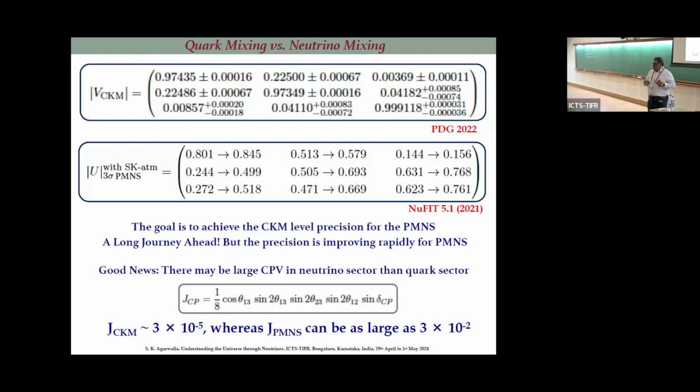KamLAND allows theta 1, 2 greater than 40. But the matter effect, the energy dependence, not from KamLAND, no, from sun. The energy dependence for the high energy neutrinos, the upturn was very important to fix the m2 and m1 difference, the splitting in sun. The energy dependence of the solar neutrinos for higher energy neutrinos was very crucial.